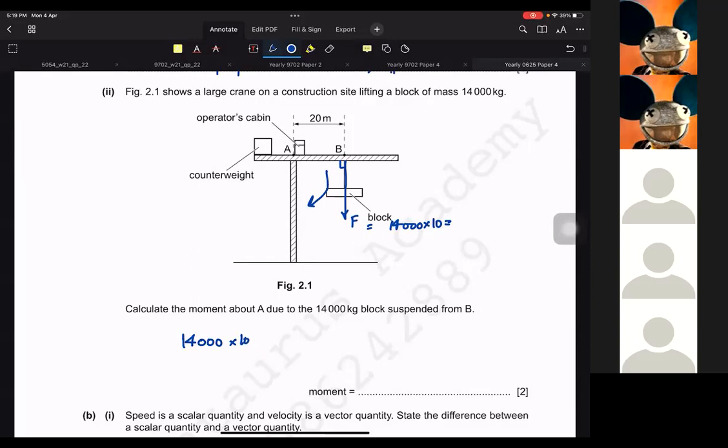So this will be this multiplied by 20. So I believe it should be 2.8 times 10 power 6 newton meters. This is basically the force, right? Do not forget it. And moment is always force times the distance.